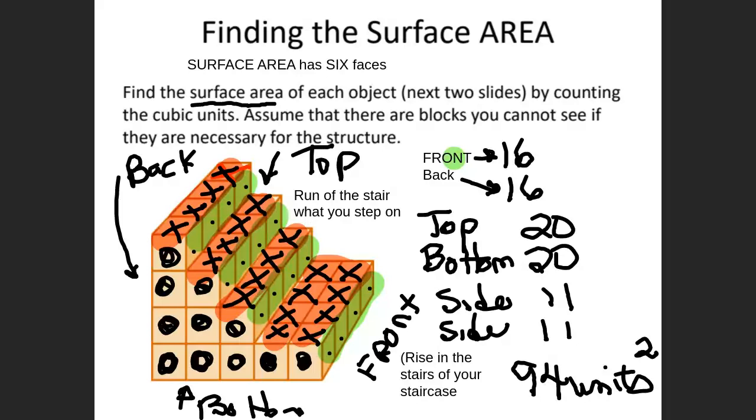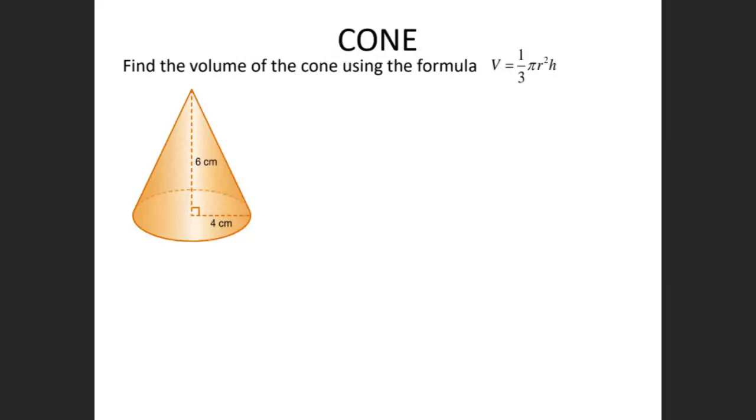Yay! And let's show you before we take a break. This is considered a cone. They are going to give you the formula. Oh, how nice of them. It's right here.